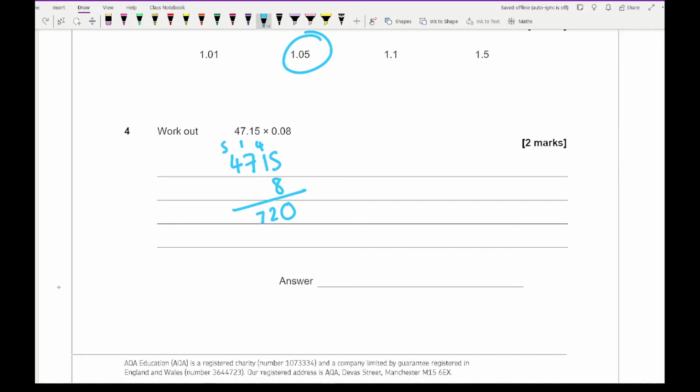And 8 times 4 is 32, plus 5 is 37. And then obviously moving the decimal point back to its correct place, we should have an answer of 37.72. Well, actually no, that's a mistake, moving the decimal point one extra place, so we should have 3.772, and there's our final answer.